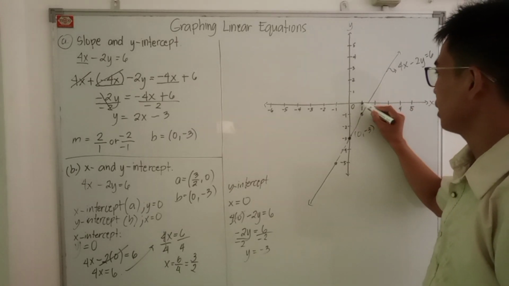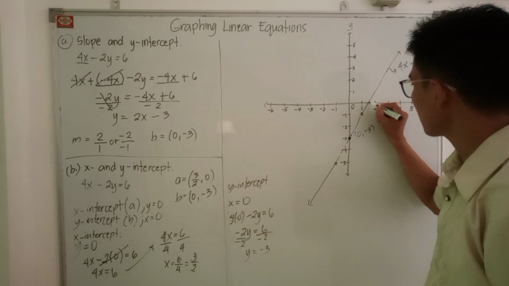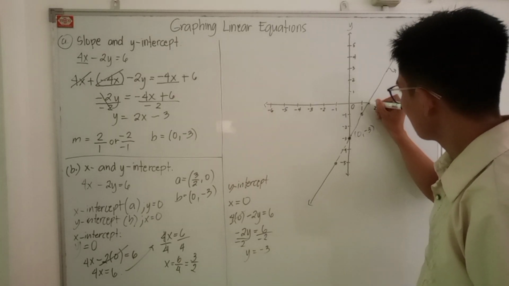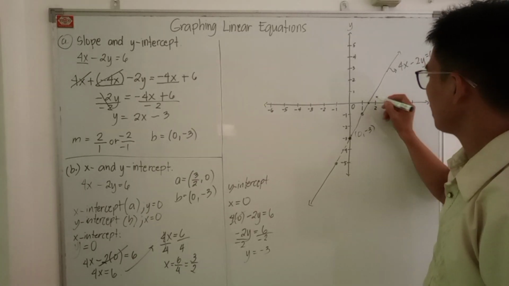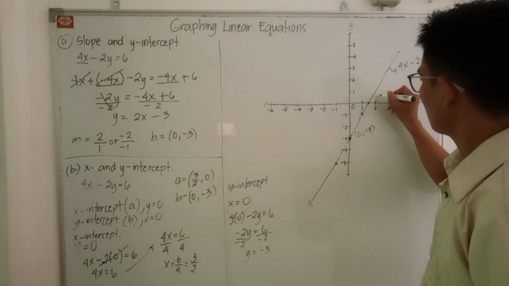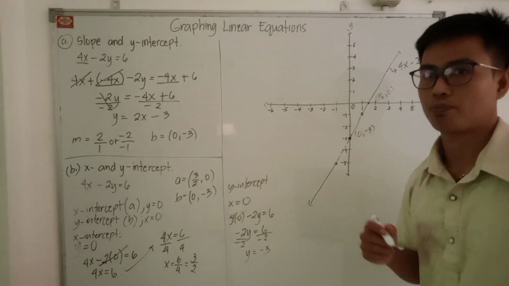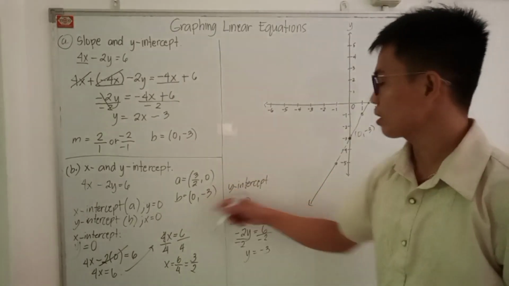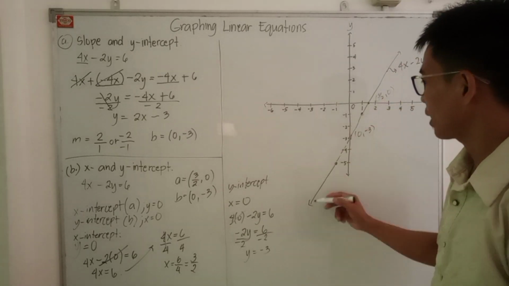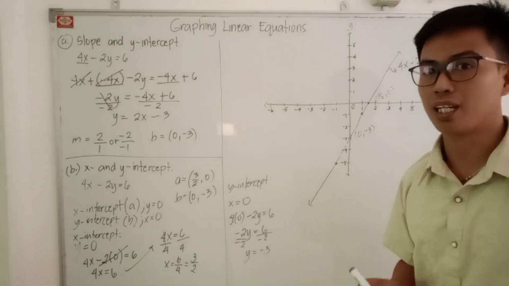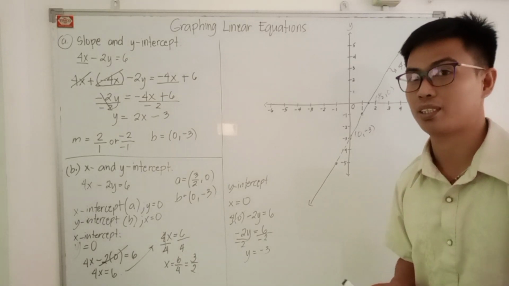So, 1 and 1/2. Nandito siya. Ito po yung ating 3/2, 0. And then, for the y-intercept, syempre, nandito na siya. As you can see, parehas lang sila ng magiging graph, kasi nga, isang equation lang yung ginawa natin.